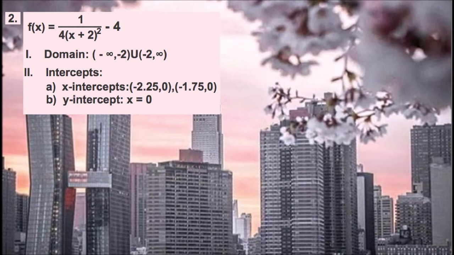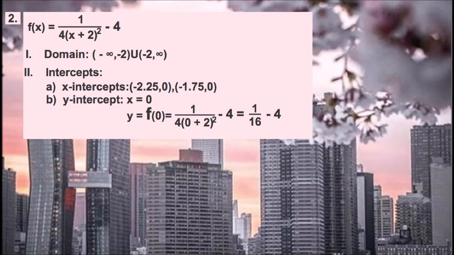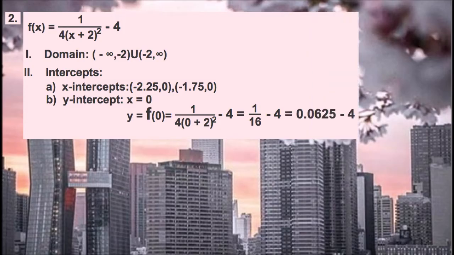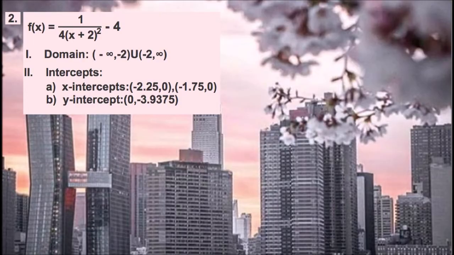As for the y-intercept, that occurs when x equals 0, y equals f of 0, which equals 1 over 4 times the quantity 0 plus 2, everything squared, everything minus 4, which equals 1 over 16 minus 4, which equals negative 3.9375. Thus, the y-intercept is point of coordinates 0, negative 3.9375.